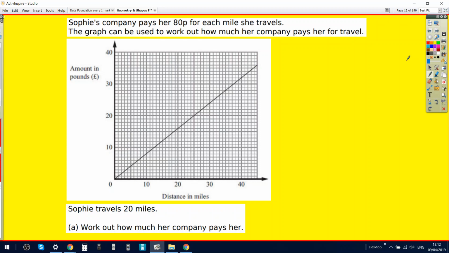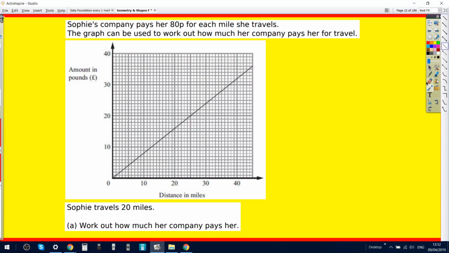So it's 80p per mile that she travels. So graphically you use the graph to work it out. We go up to 20 miles. From 20, you go up, and when it hits the line, go along. And then you would do it with your ruler.